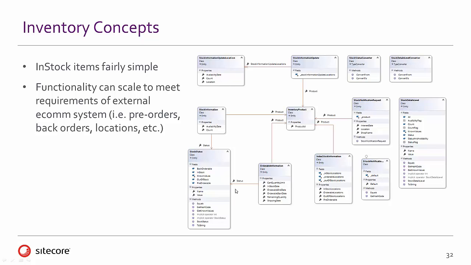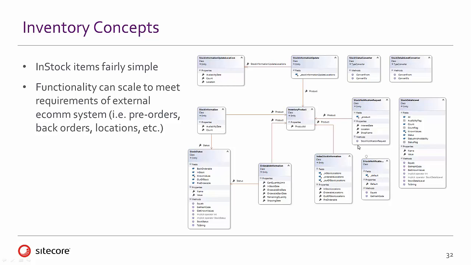So we have stock status. We also have orderable information. So when that product will be back in stock, if there's a shipping date for when that comes, remaining quantity. We also have stock information for locations. So, this may be specific to locations. Some locations may have something, some locations may not have something.